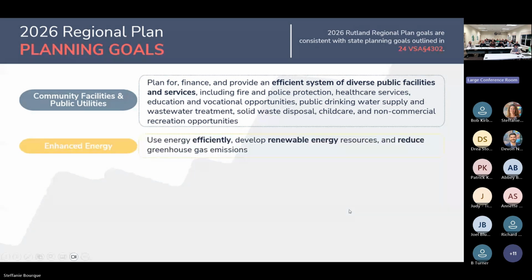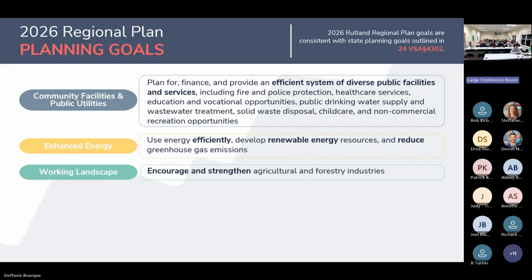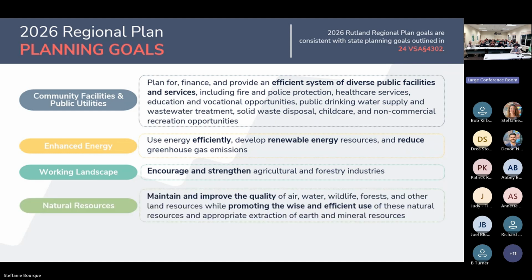For enhanced energy, we want to use energy efficiently, develop renewable energy resources, and reduce greenhouse gas emissions. From a working landscape perspective, we want to encourage and strengthen the agricultural and forestry industries.